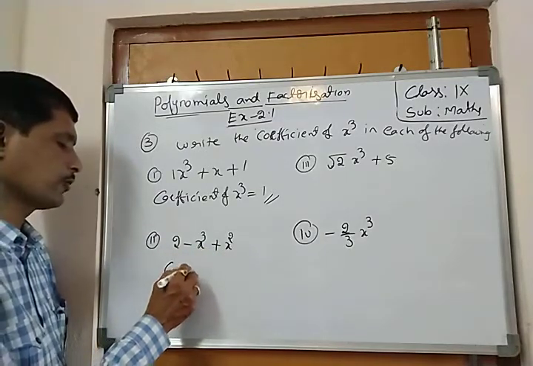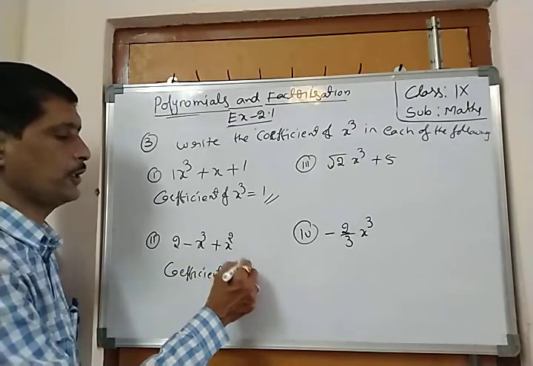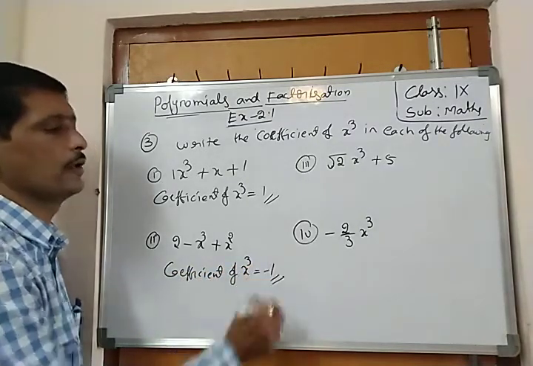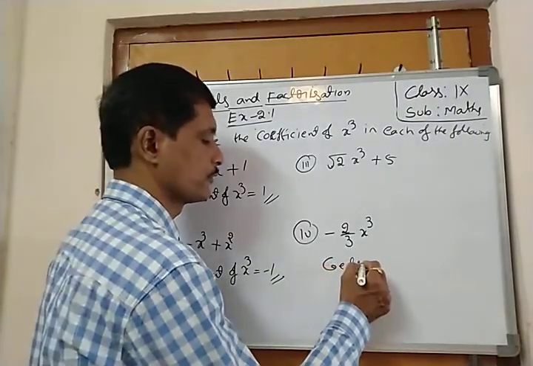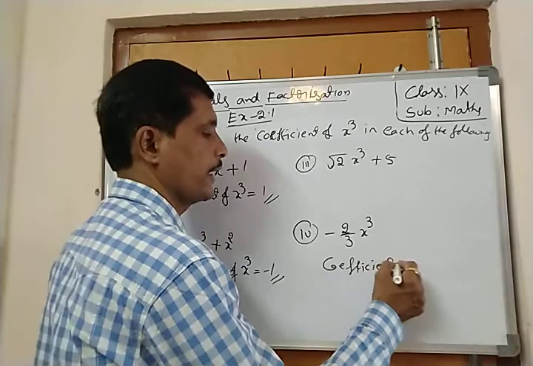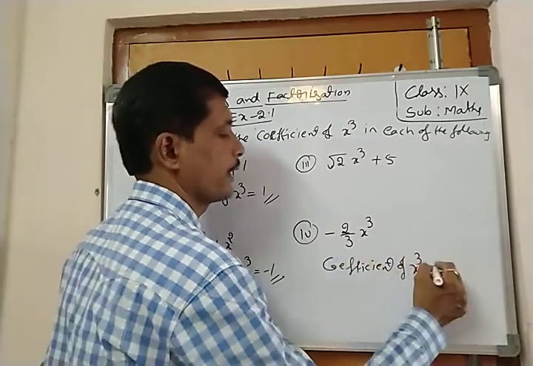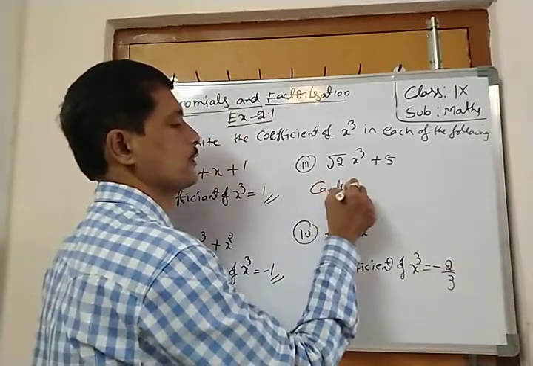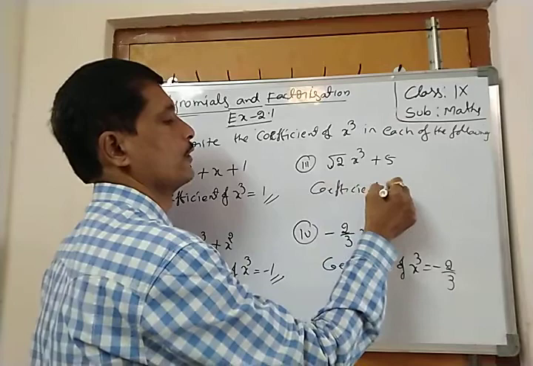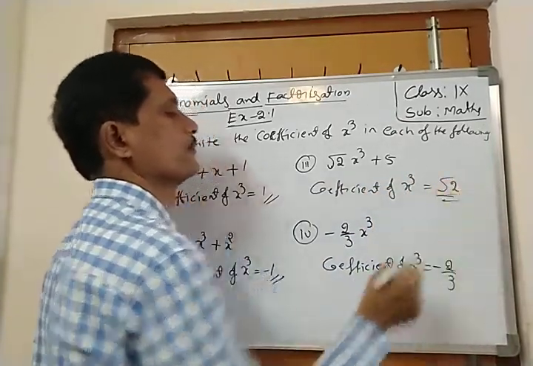Therefore the coefficient of x cube is equal to minus 1. Next, the coefficient of x cube is equal to minus 2 by 3. Here the coefficient of x cube is equal to root 2.